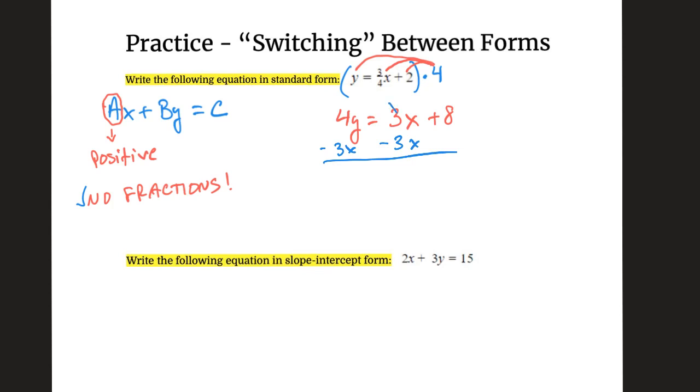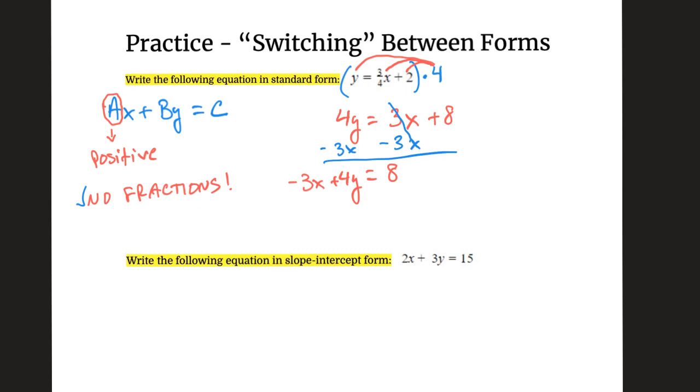The negative 3x and the positive 3x reduce down to 0, just leaving me with 8. And over here, I have positive 4y minus 3x. The y and the x are not like terms, so I can't combine them at all. So I have negative 3x plus 4y. I put the x first and the y second, because that's what the standard form tells me to do.